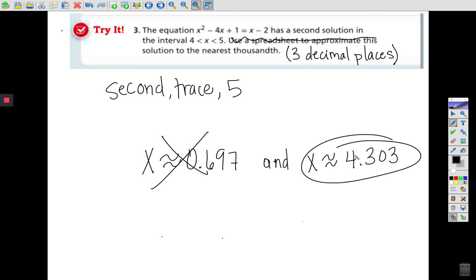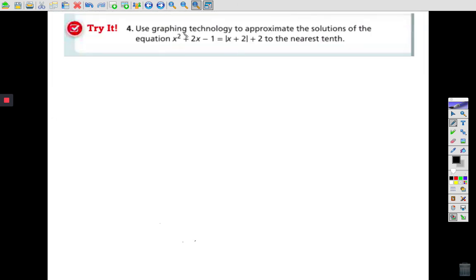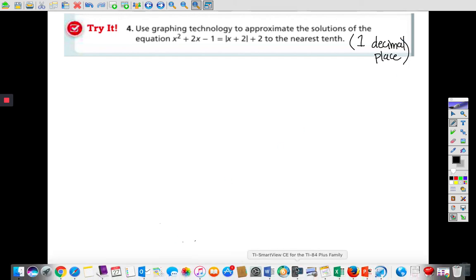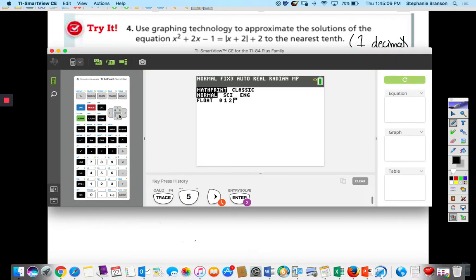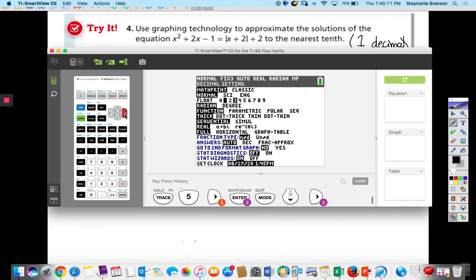All right, the next one we're going to do the same way, except this time it tells us to round to the nearest tenth. How many decimal places is it to round to the nearest tenth? 1 decimal place. So go back to mode, go to float, and then go to the number 1.